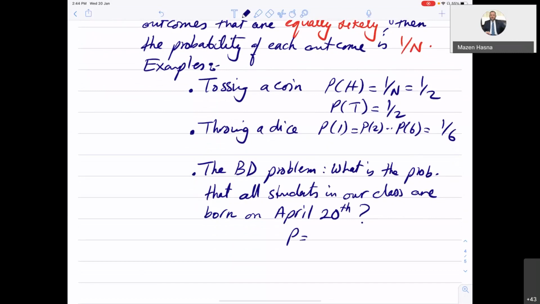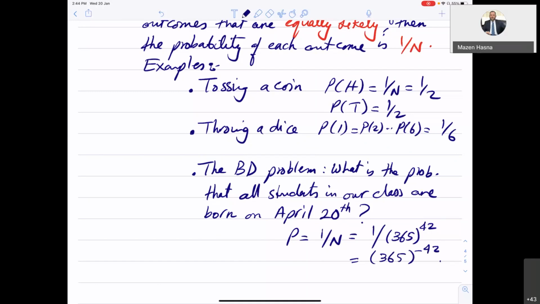So the probability again is 1 over n, which is 1 over 365 to the power 42, which means 365 to the minus 42, which is a very, very small number. Okay. And of course, again, I don't want to go back to the birthday problem, but there are many assumptions behind it.